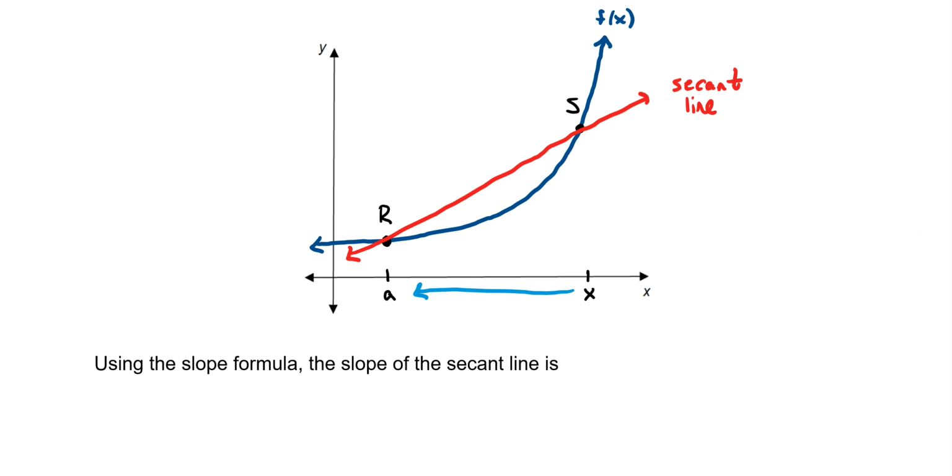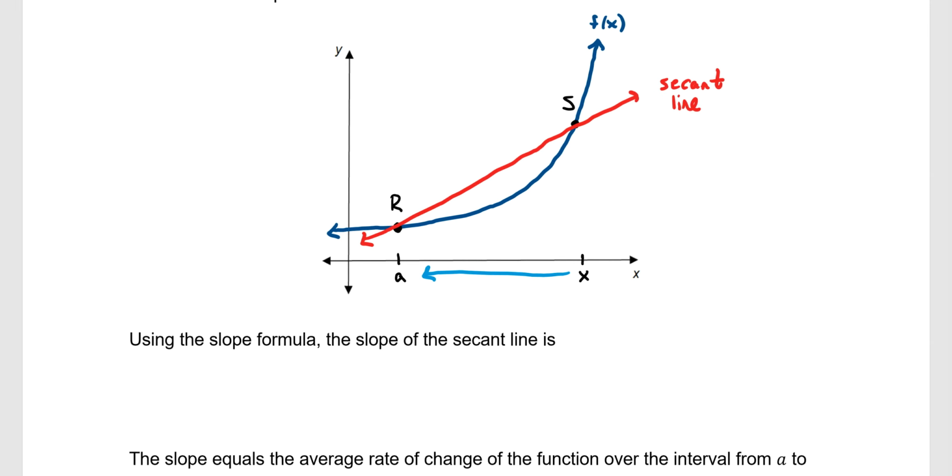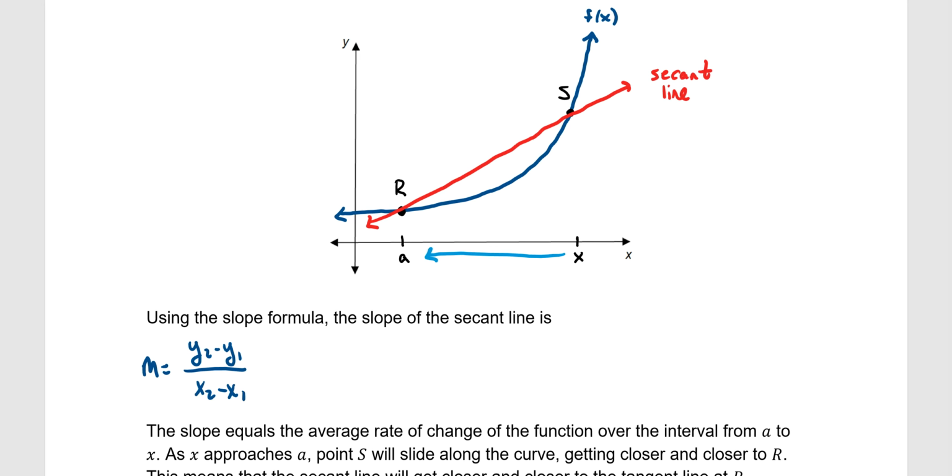So what we can do now is use the slope formula, right? The slope is y2 minus y1 over x2 minus x1, just our normal slope formula. We're going to say point R is x1, y1, which is point A, comma, f of A. y1 is always just the function value.